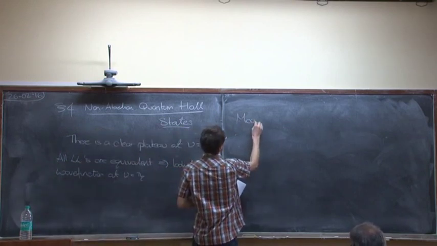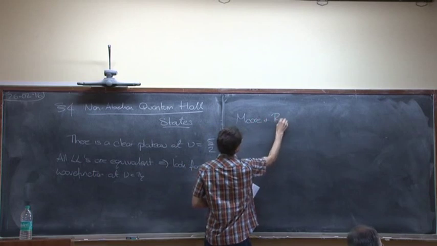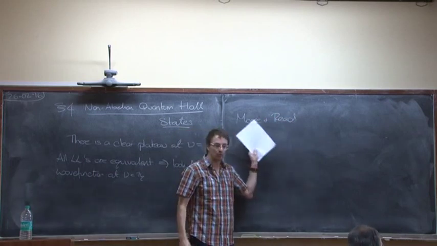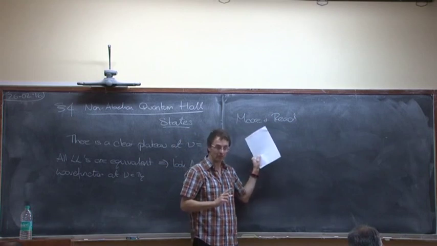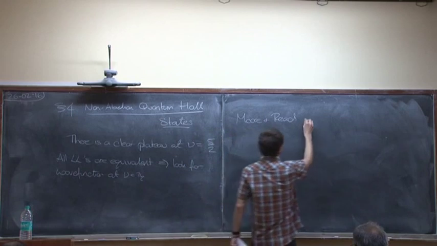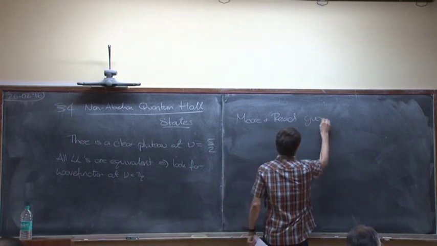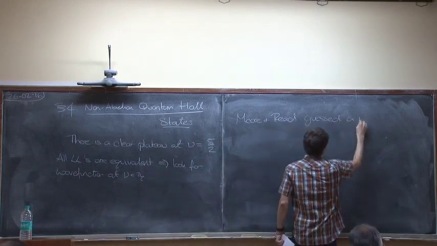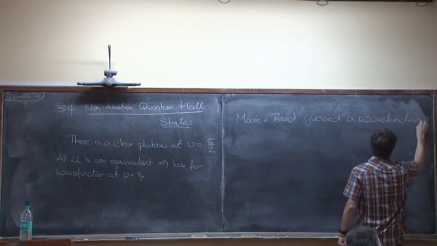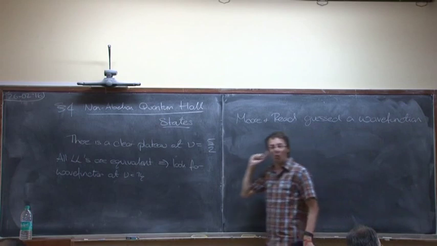It is due to Moore and Read, in what's surely one of the most important papers in all of quantum Hall physics, for various reasons. They do a lot in this paper. Roughly speaking, they guessed the wave function. Now it's not quite true.